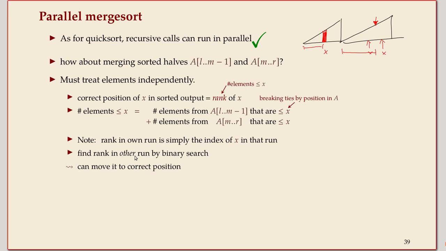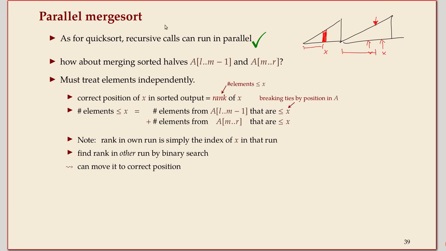That gives you a number, the number of elements that are smaller in that run. And you also have your ID, or the position of the element you're responsible for, and you add those two up, and then copy your element to the output at that position. That's how you would do parallel merge.